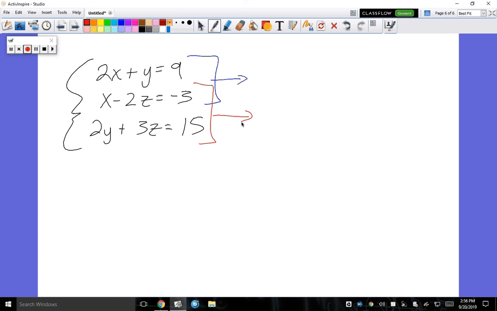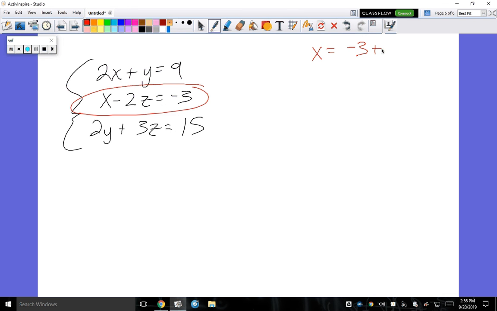You with me? Now, I heard it. Substitution could work. Okay? And if you substituted, I think people who want to substitute would probably grab maybe this one and put negative 3 plus 2z, and they would probably substitute that somewhere here. You with me?